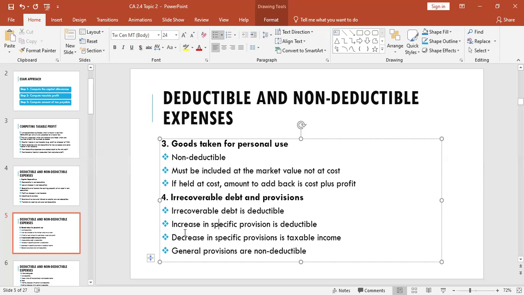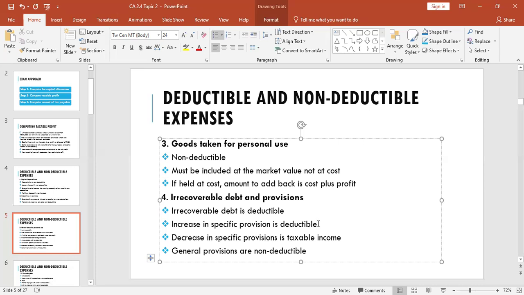So now, what ZRA says, an increase in specific provisions is deductible. So if it's a specific provision saying maybe 20% of the debts from a specific customer, like we have a customer like maybe Zambef, we say maybe the debt from Zambef can go bad by a specific amount.